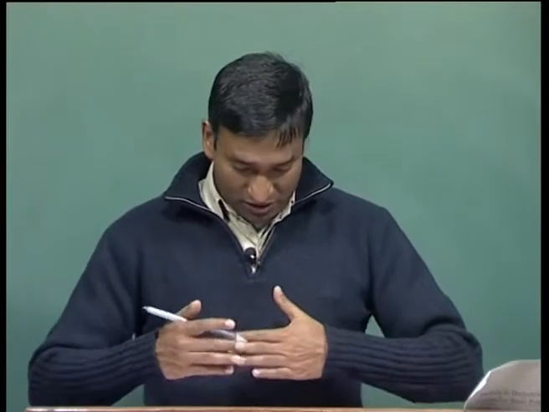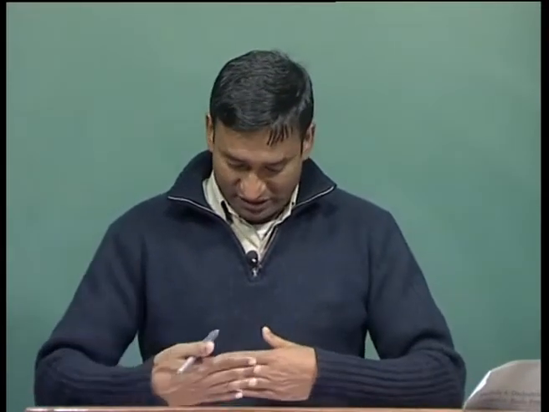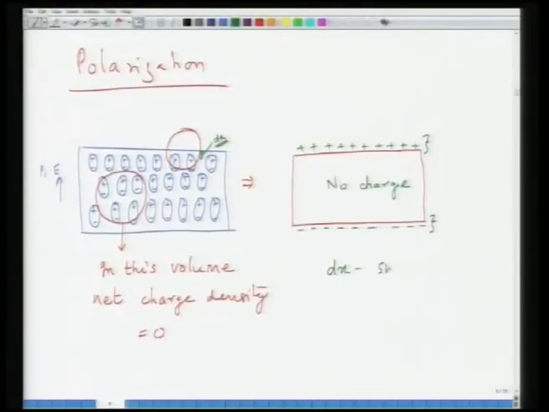On the surface there is a finite charge, and as you can see in this tiny circle, these charges move out by a small distance, let us say dx, as I have shown here.